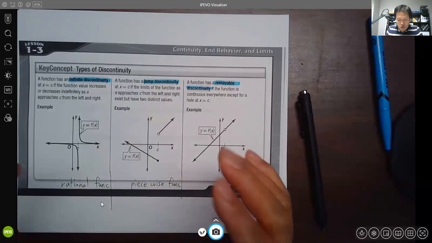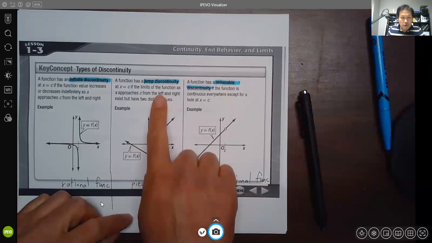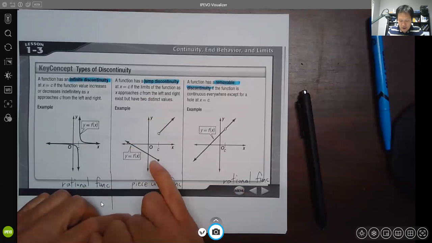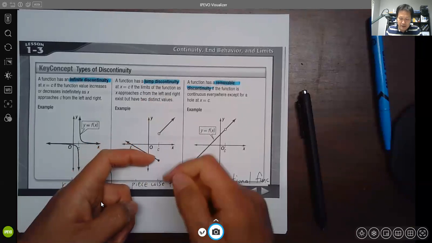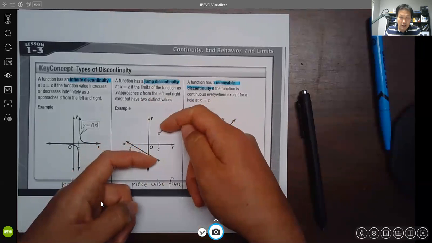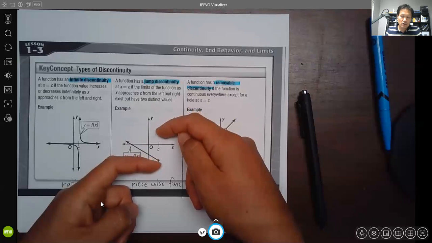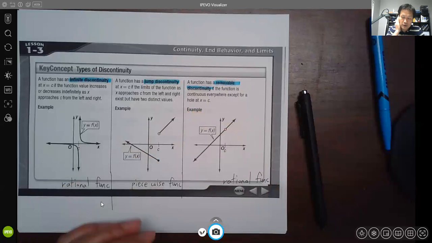And just make sure, does the function value exist here, x equal to c? Yes. But as x approaches c from the left-hand side, and as x approaches c from the right-hand side, they do not match. That's why the limit does not exist, so it's discontinuous.